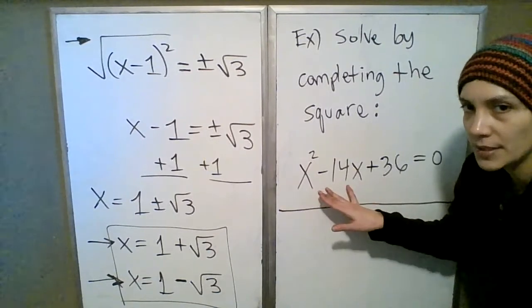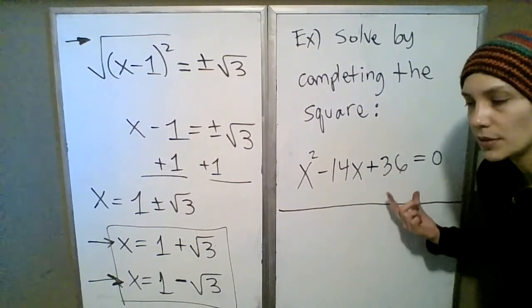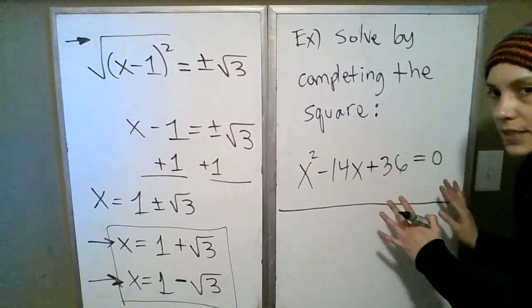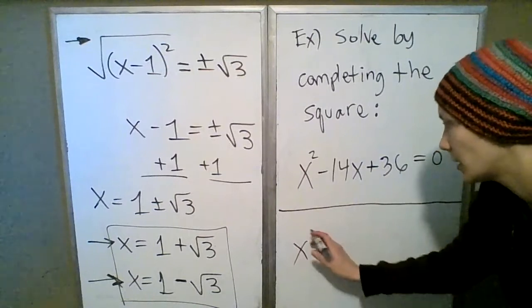We're going to use those parts to complete the square. This value you could leave here if you are comfortable with that. I usually have it on this side by subtracting 36 to both sides of the equation.